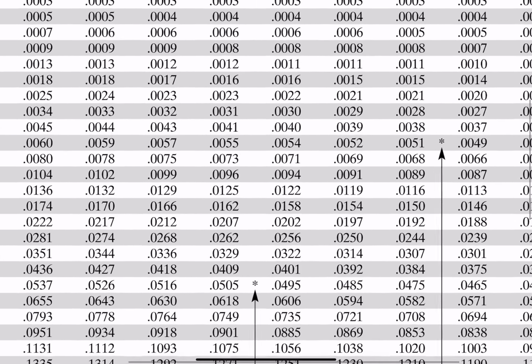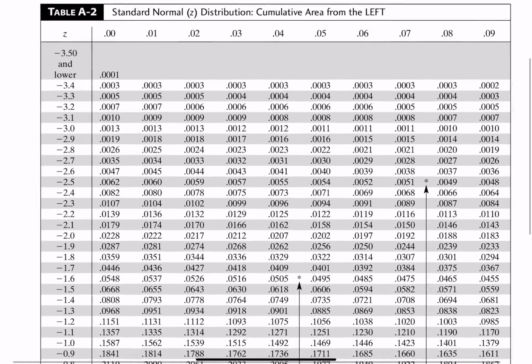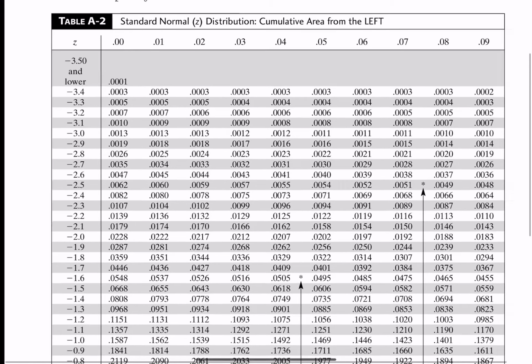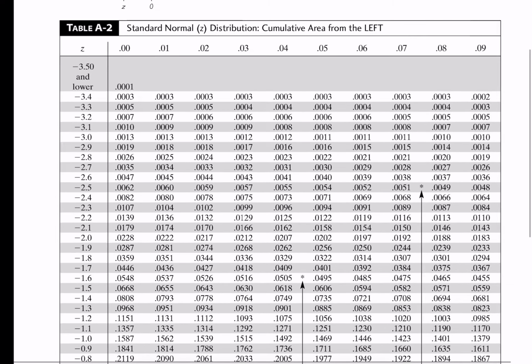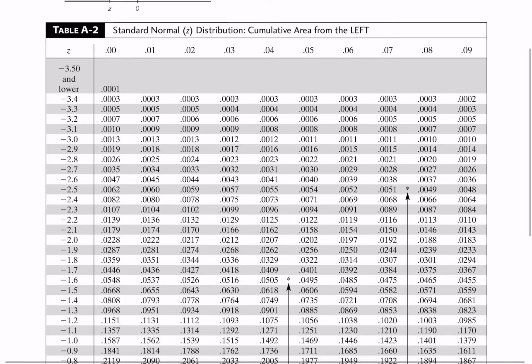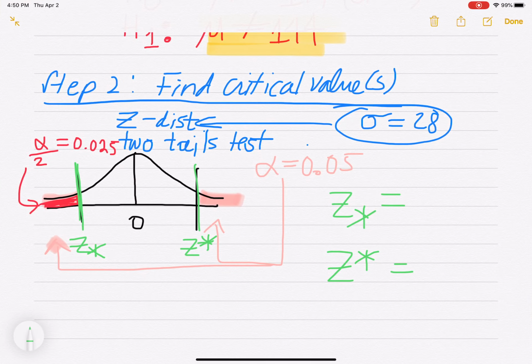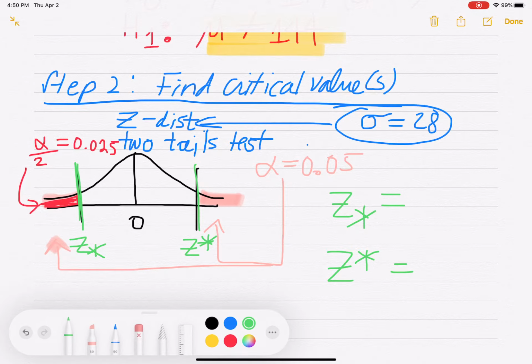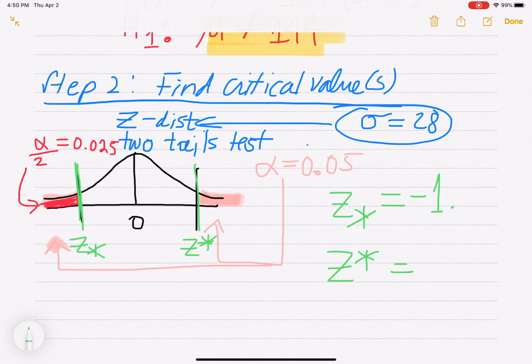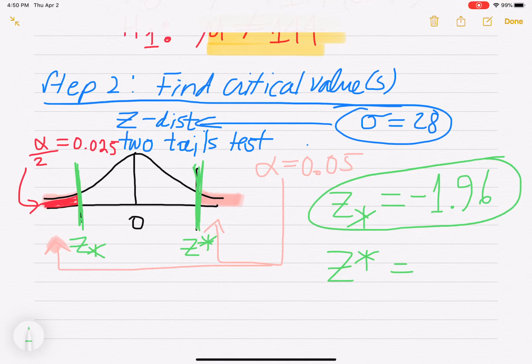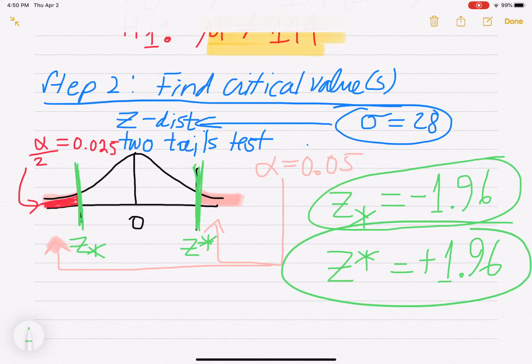That's going to give me a z-score of, look on the left, negative 1.9 and above 0.06, negative 1.96. Once I have my negative z-score, the positive z-score is just going to be on the opposite side, so it'd be a positive 1.96. I got my two z-scores, my two critical values.